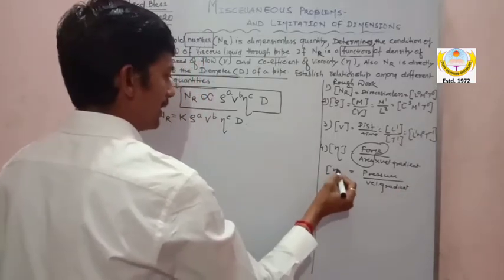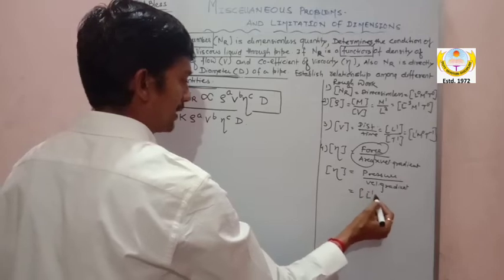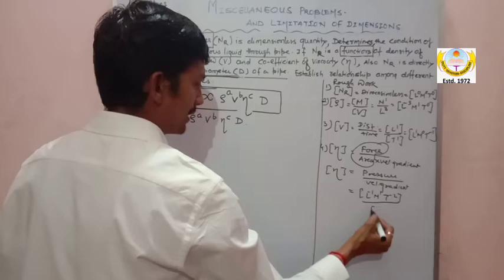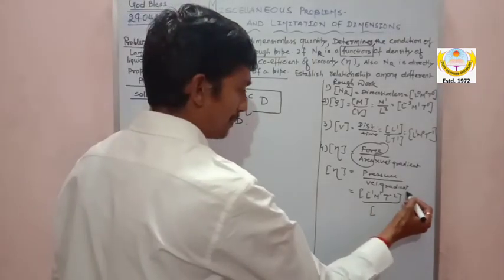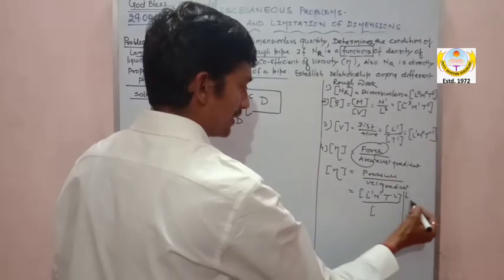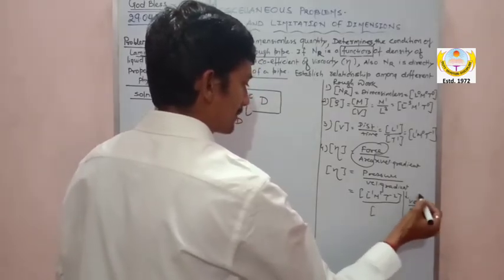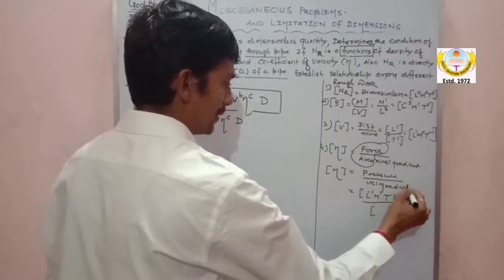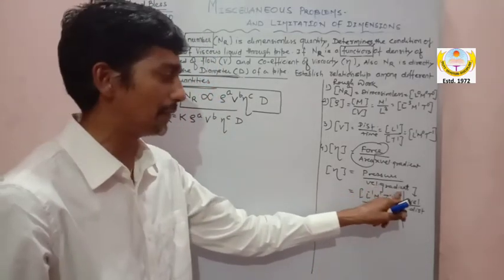So the dimension for eta will be the dimension of pressure, L minus 1, M1, T minus 2, divided by velocity gradient. I hope you all know velocity gradient is velocity upon distance. Any quantity named with gradient follows this.